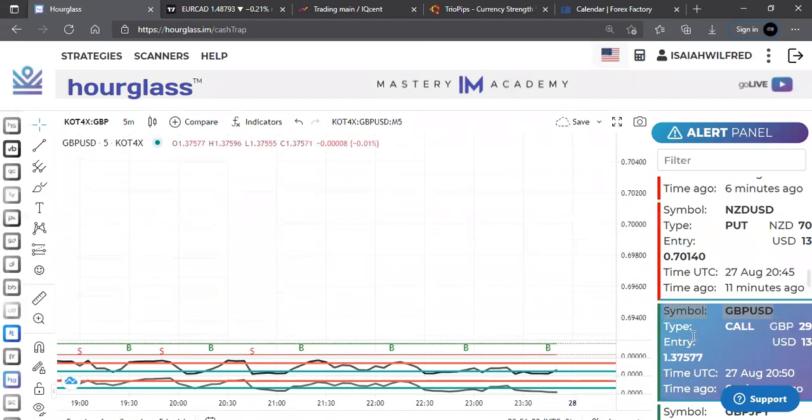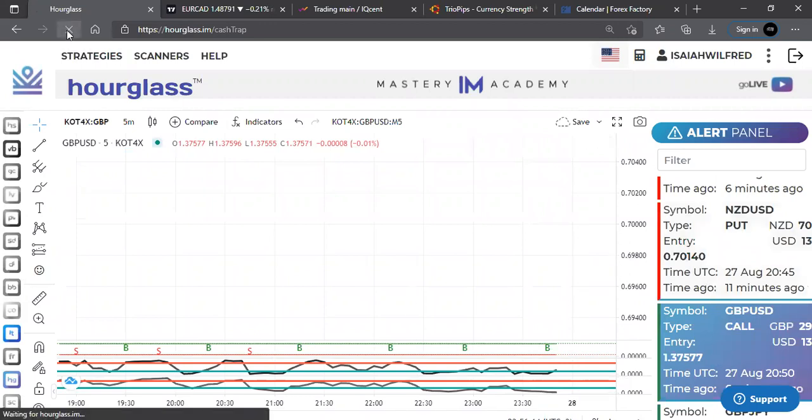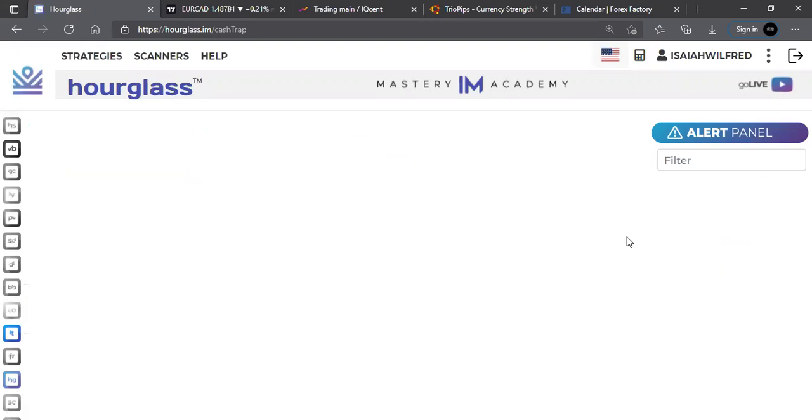Once the market wants to close, Cashtrap doesn't load anymore. Oh my God. Let me see. I have about 4 minutes more. So I'm trying to see if I can get an image and just use that real quick before the market closes.